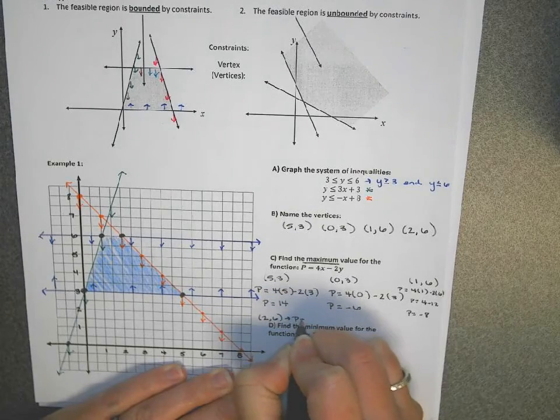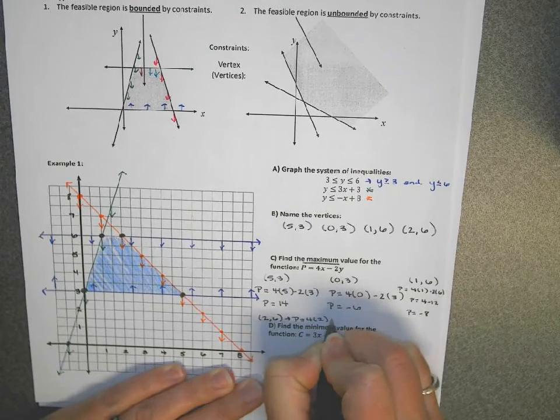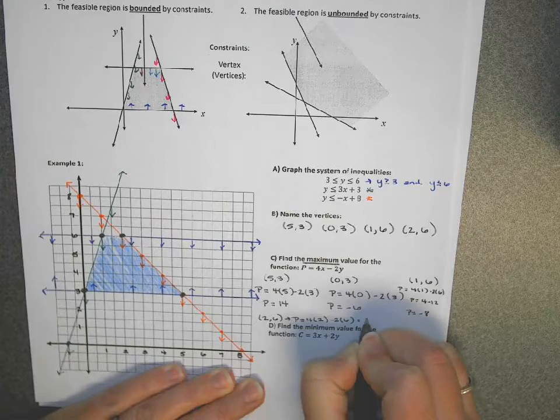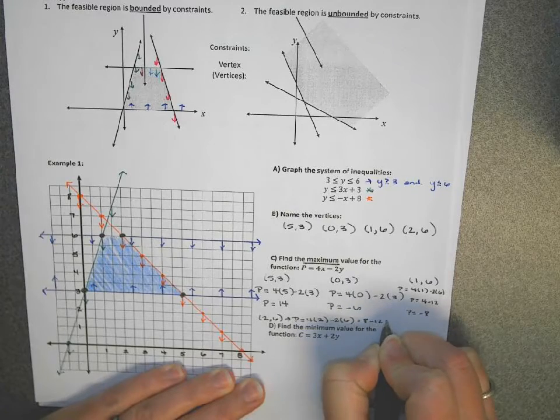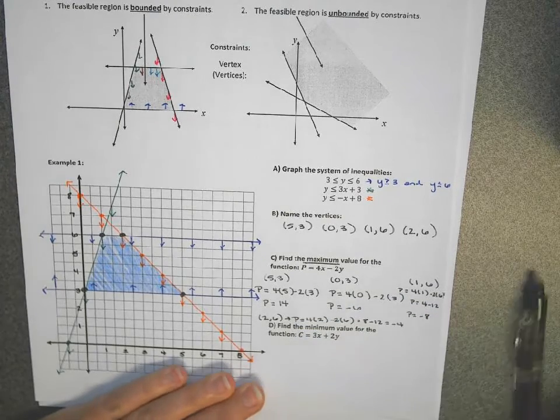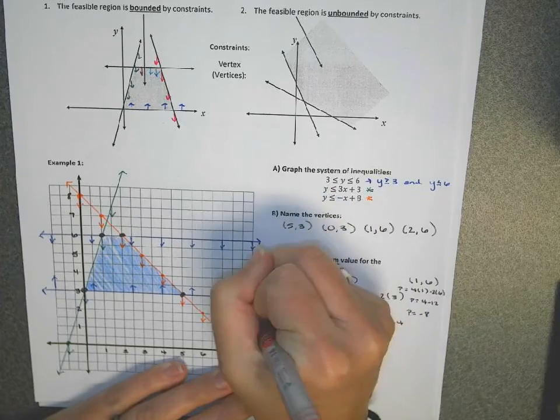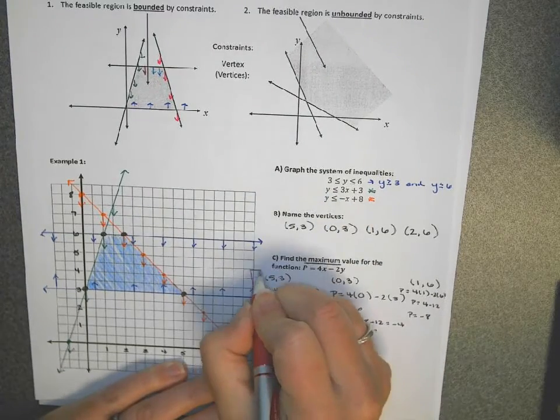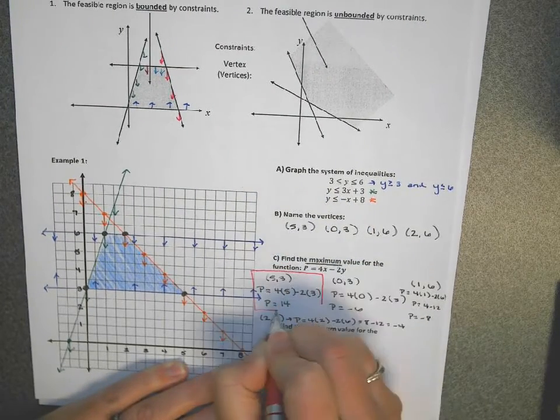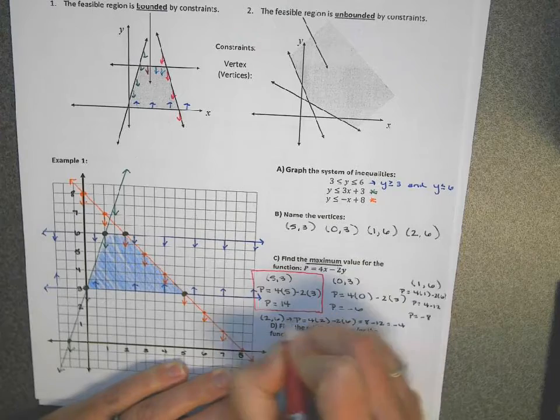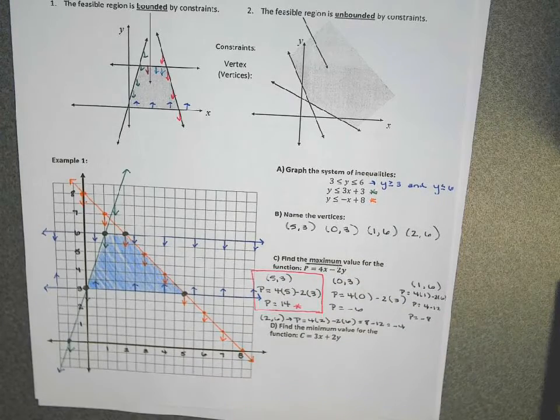The profit equals 4 times 2 minus 2 times 6. 8 minus 12 is negative 4. So my maximum then has to be at 5, 3, where my profit is 14.